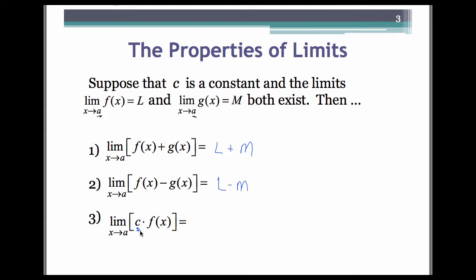So what you're doing is taking some function f of x and multiplying it by a constant C. In that case, the limit in the end is simply going to be that constant C times whatever the limit of f of x was, and that was L in this case. These are very much obvious properties. Don't make them harder than they are.